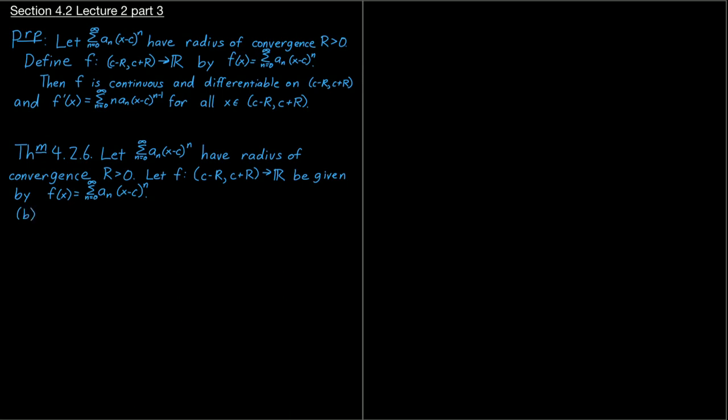This is what Conway calls part B. If k is greater than or equal to 0, then this power series, n factorial over (n minus k) factorial, times (x minus c) to the n minus k, has the same radius of convergence.